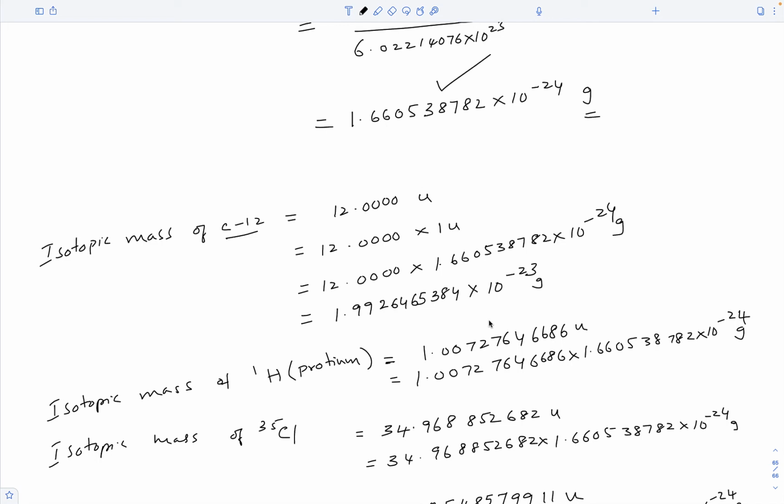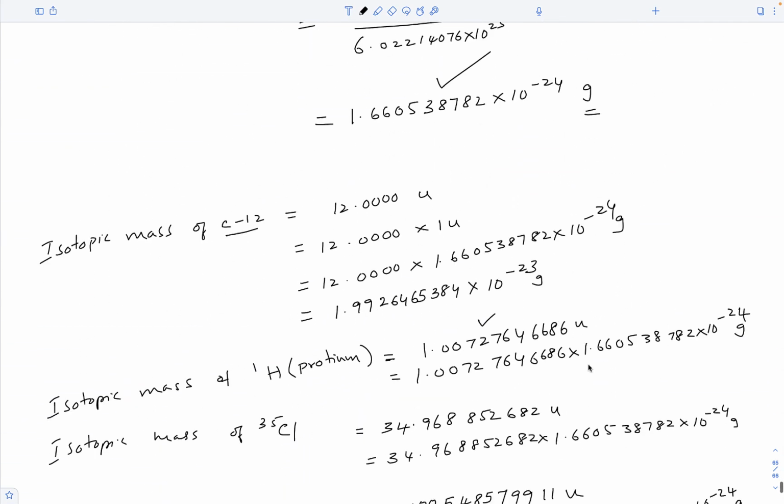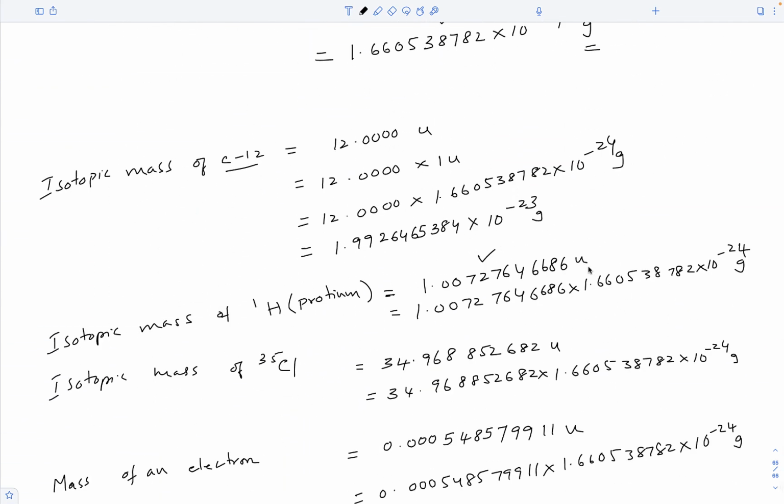Take the relative atomic mass determined using the mass spectrometer, multiply it with the value of 1 U to get the mass of the atom in grams. See, we obtain a very accurate value for the relative atomic mass from the mass spectrometer.